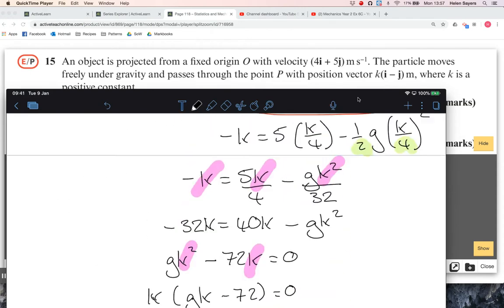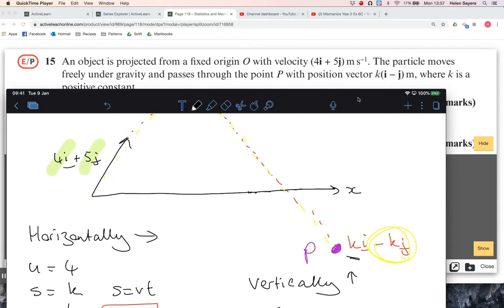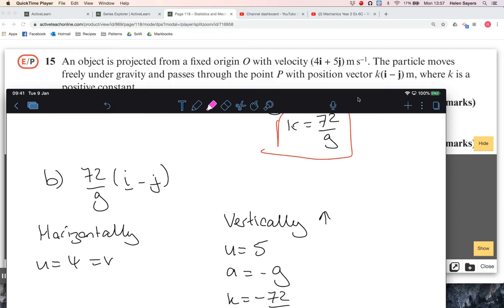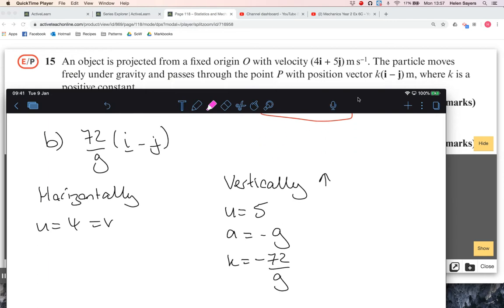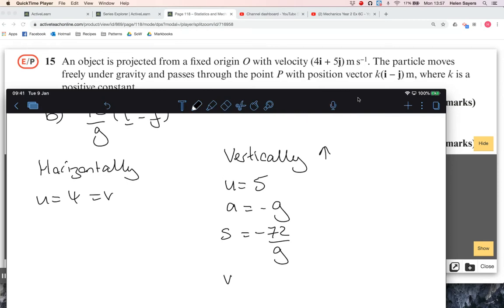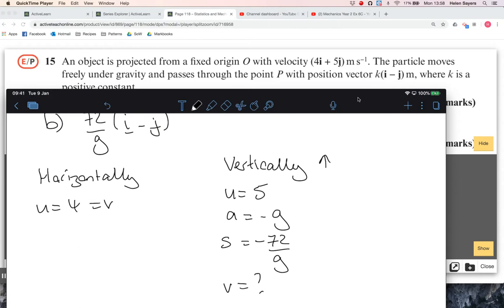Remember, the vertical displacement at that point was minus kj, so minus our value of k. I wanted to write s, so I can use my suvat equations, and I want the velocity. I was thinking I was going to have to find the time, how long it took, but I don't, because I can just use v squared is u squared plus 2as.